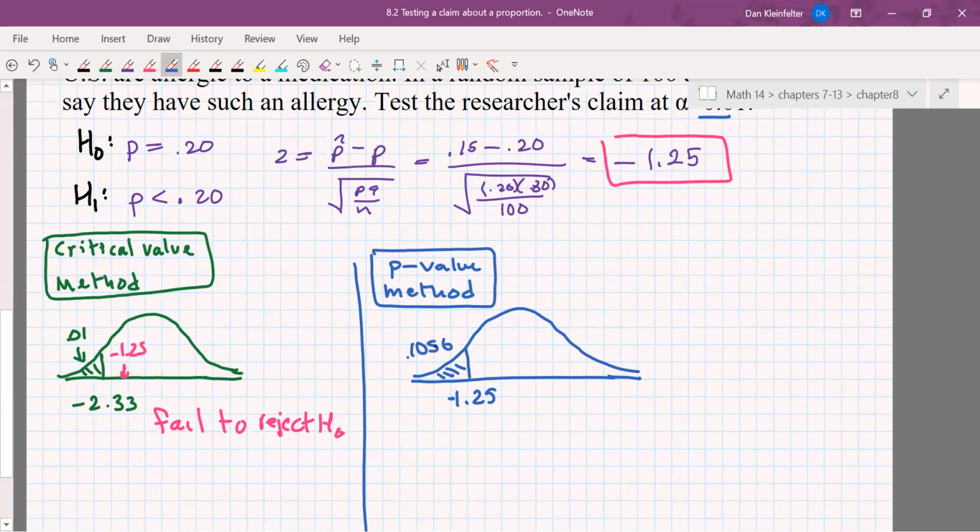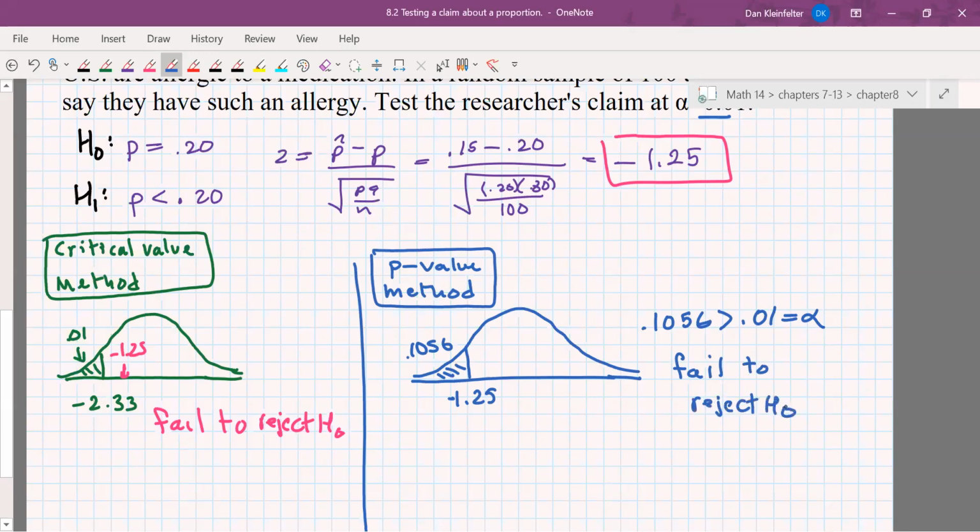So that is going to be our p-value, 0.1056, and 0.1056 is way bigger than our 0.01, which was our alpha. And so based on that, again, we'll fail to reject the H0.